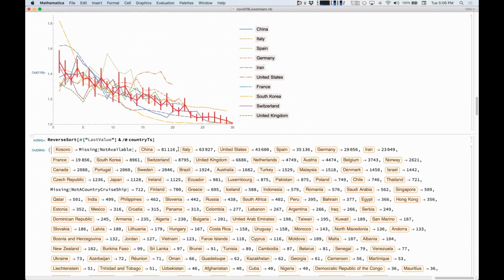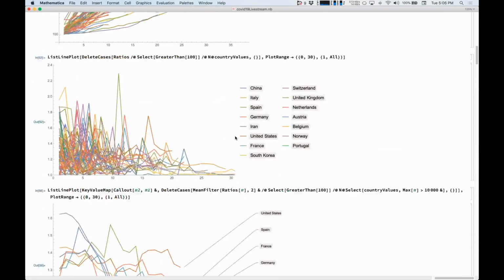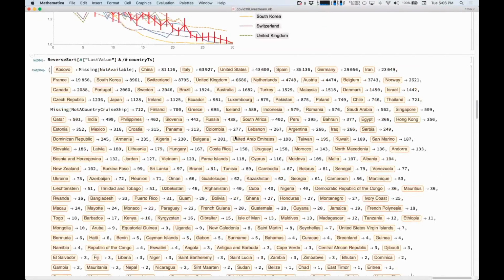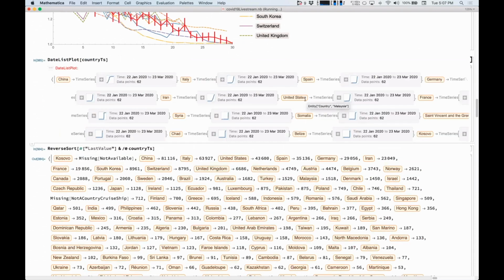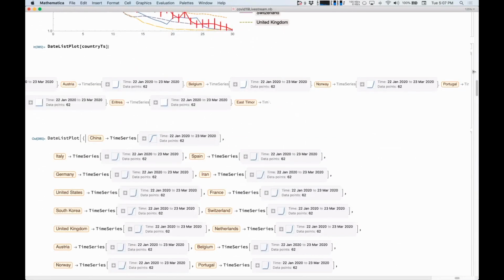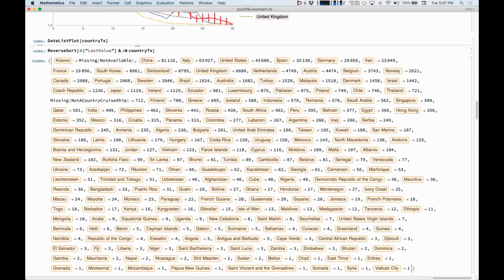Right. But of all the places, when we looked at this, I think the first plot we made, or I think we got rid of it, if you just look at a date list plot of the country time series, this would be the number of cases over time for every country. What's it complaining about? Oh wow. I'm not sure why that was complaining.